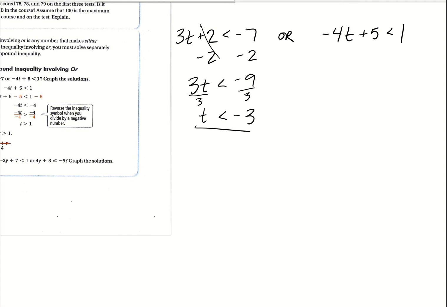The other side, we have -4t, those cancel, is less than -4. Divide both sides by -4, and then we have t is greater than 1, because we have to flip the sign when we divide by negatives.